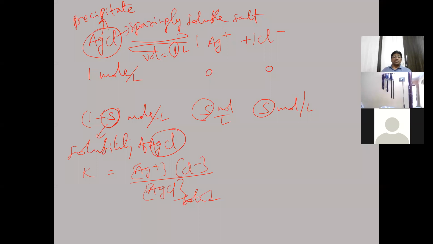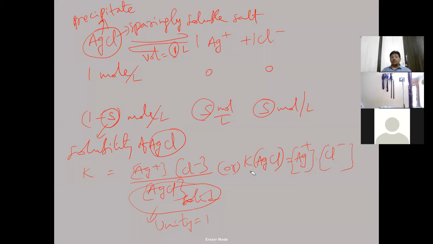For an undissolved solid, the concentration is taken as unity, which means 1. So K of AgCl is equal to Ag plus concentration into Cl minus concentration, only the product.